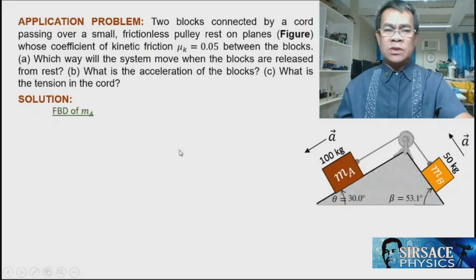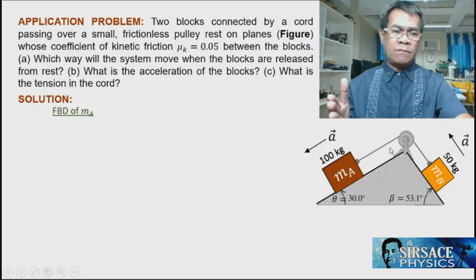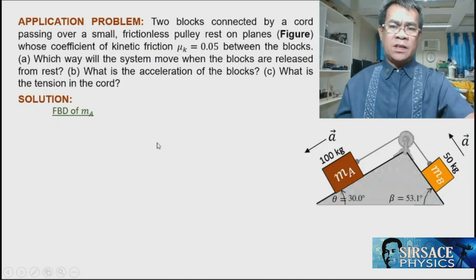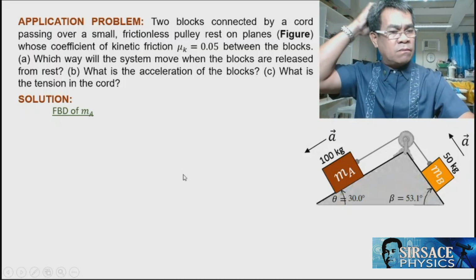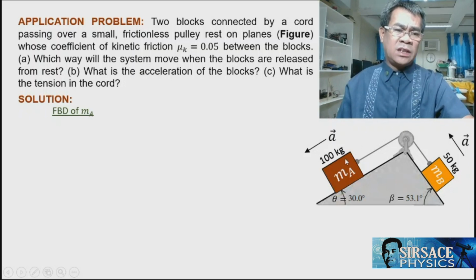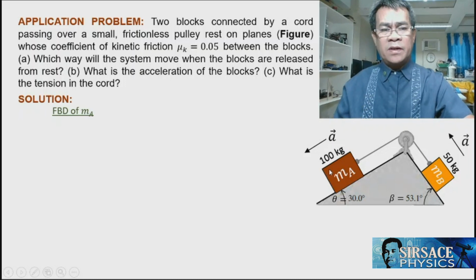So in this solution, we will assume that the system moves towards the left. Now, what will be our first step? This is the step to solve this problem. First, you need to analyze the two blocks, A and B. Analyzing means you have to construct the free body diagram.